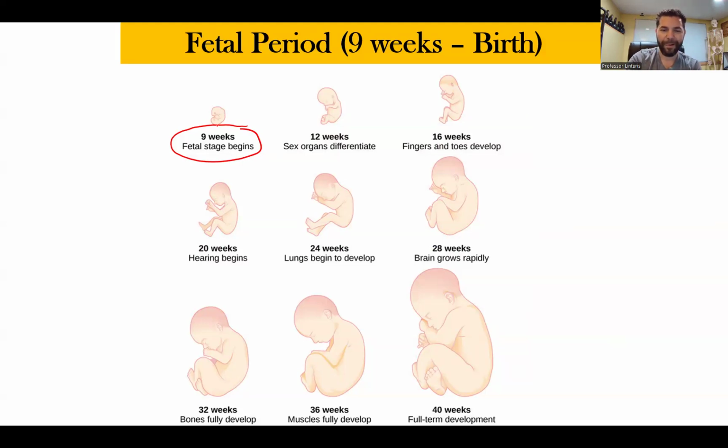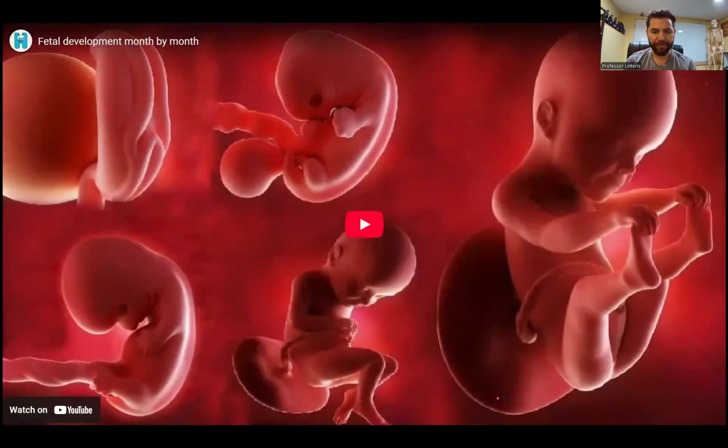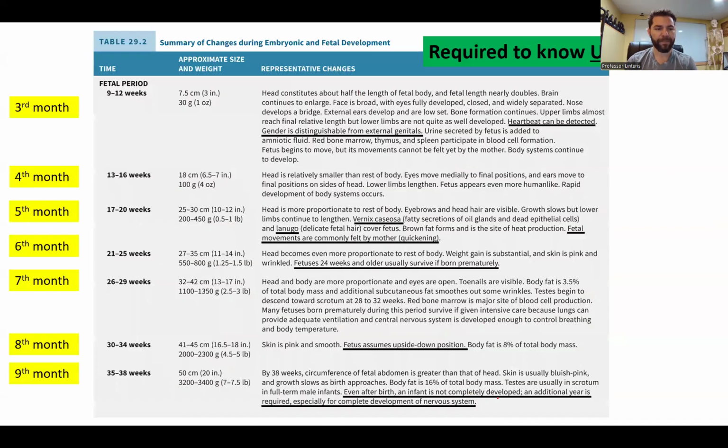Sex organs differentiate, fingers and toes develop, hearing begins, lungs begin to develop, brain grows rapidly, bones fully developed, muscles fully developed. Thing is huge. And you can see that growth increases rapidly over this time. And you have a video here, you can totally check that out.